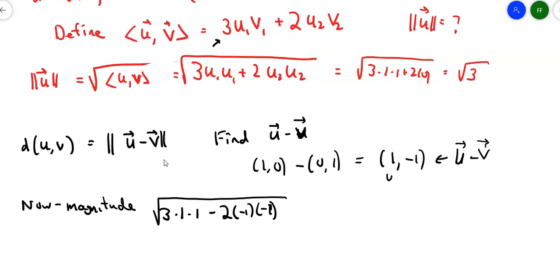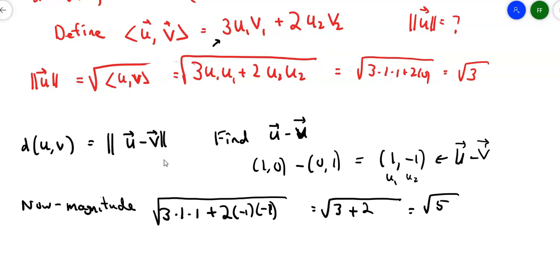Okay, so here's u1, here's u2. All right, so what does that give me? That gives me the square root of 3 minus -1 times -1 is 1, times 2 is 2. Oh, this thing should be a plus. Sorry about that. I didn't carry it down right. Then 3 plus 2 is 5.